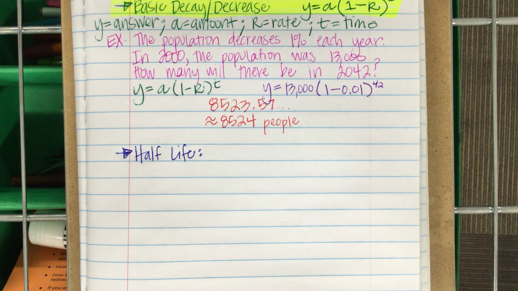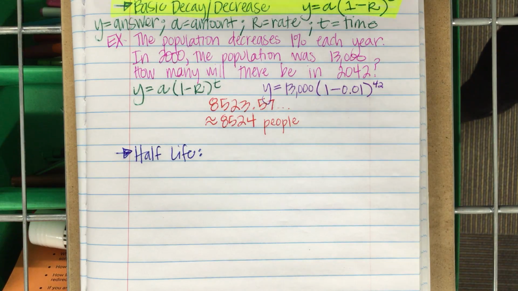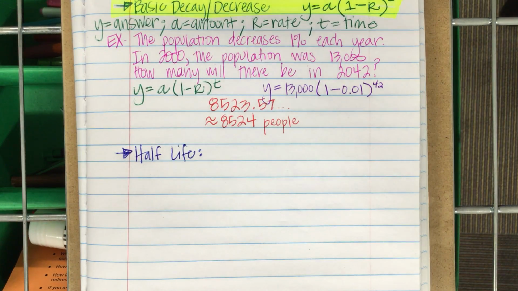Inside of all living things is the element carbon, and carbon decays over time. They can measure how much carbon is in this body and then use a mathematical formula to figure out how long it's been around, because carbon will split in half this many times during a period of time.